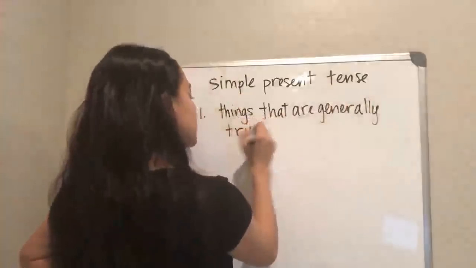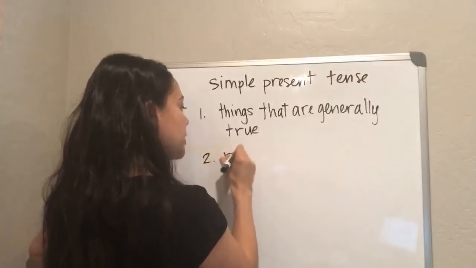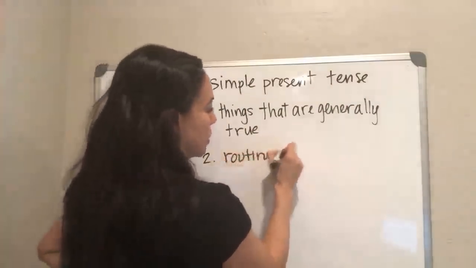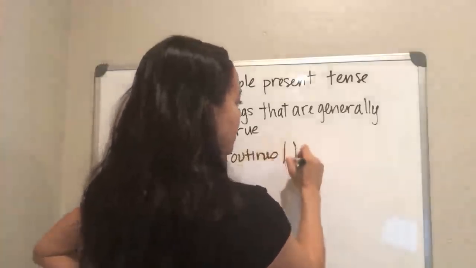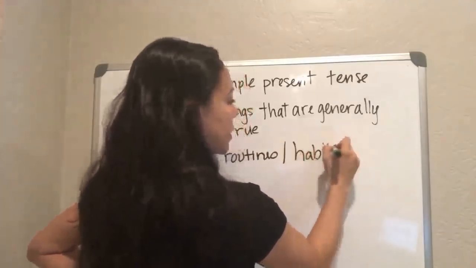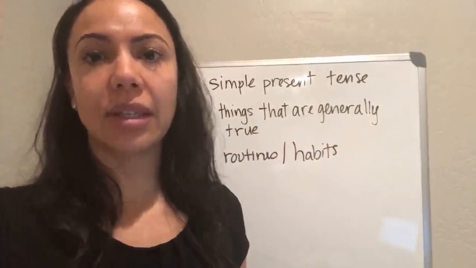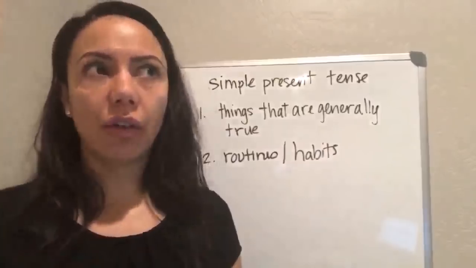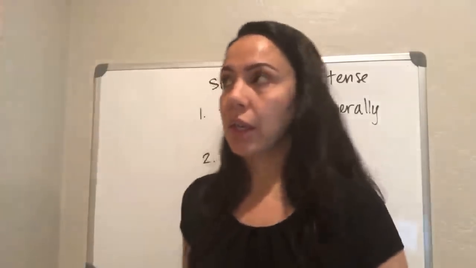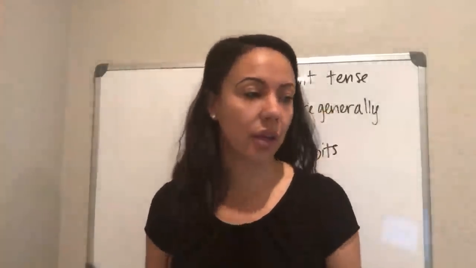Now we're also going to use it with routines and habits, okay? We use this with routines and habits, things that we do usually, often, all the time. Some things that are consistent, okay?